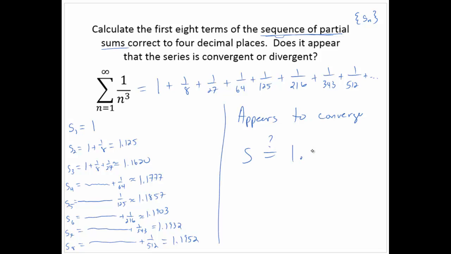That's just a guess. We're going to learn some techniques for some specific series where we can find the sum exactly, but right now I would just have to guess that it appears to be approaching 1.2. So that's the idea.